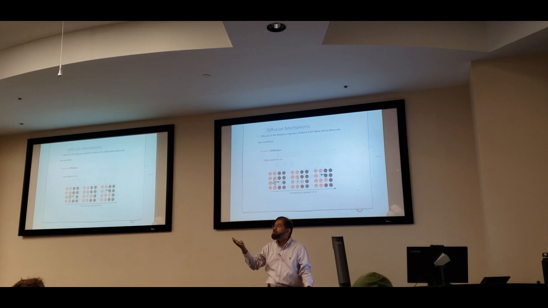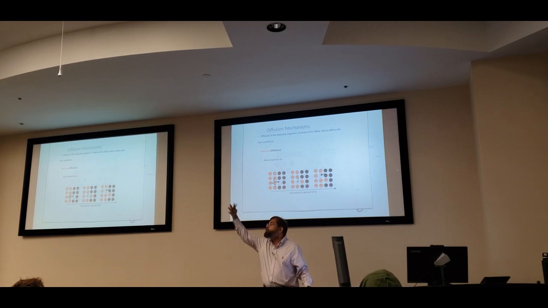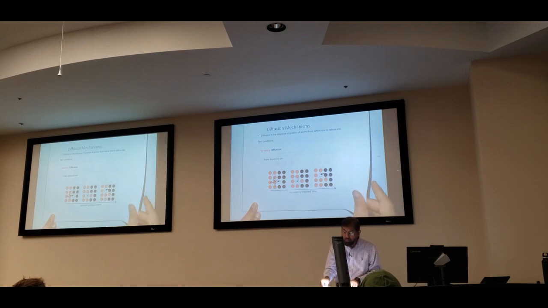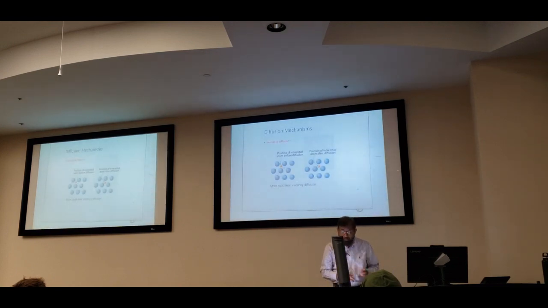Typically you can get it from the temperature. If the temperature is high, the atoms can get more energy and move from one point to another, which is the activation energy. So as the time increases, this type of movement occurs in the material.